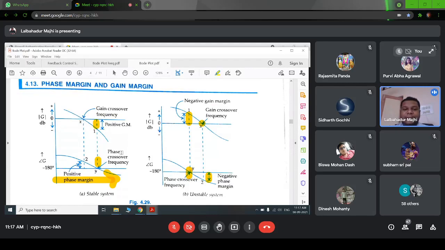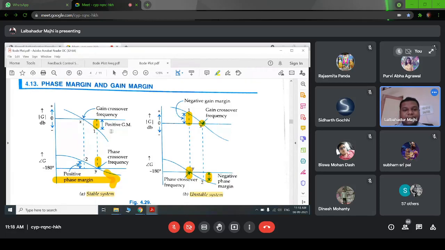So if both the gain margin and phase margin are positive, our system will be stable. And if both are negative, or any one of these is negative, either the gain margin or phase margin, then we will get an unstable system. So to check the stability without calculating the GM and PM, the gain margin and phase margin, if the phase crossover frequency is greater than the gain crossover frequency, our system will be stable.